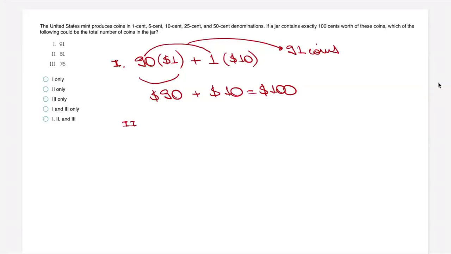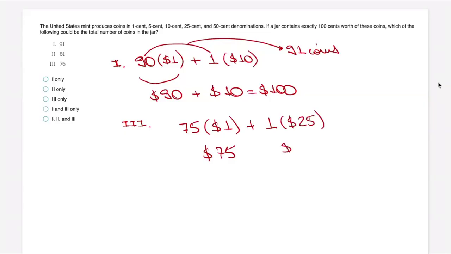76 is easy. I put 75 coins of 1 cent. That gives me 75 cents. And then 1 coin, because I can only have 76, of 25.